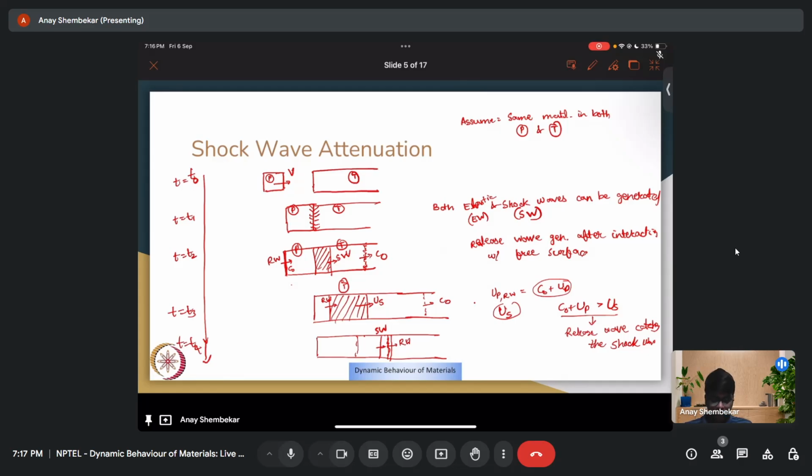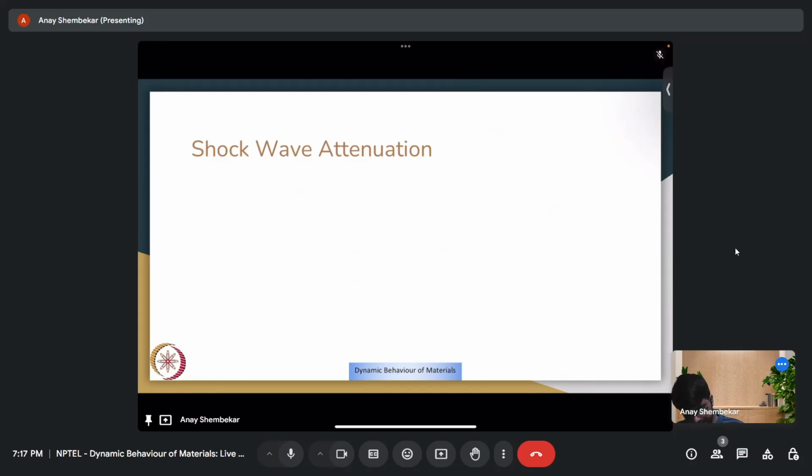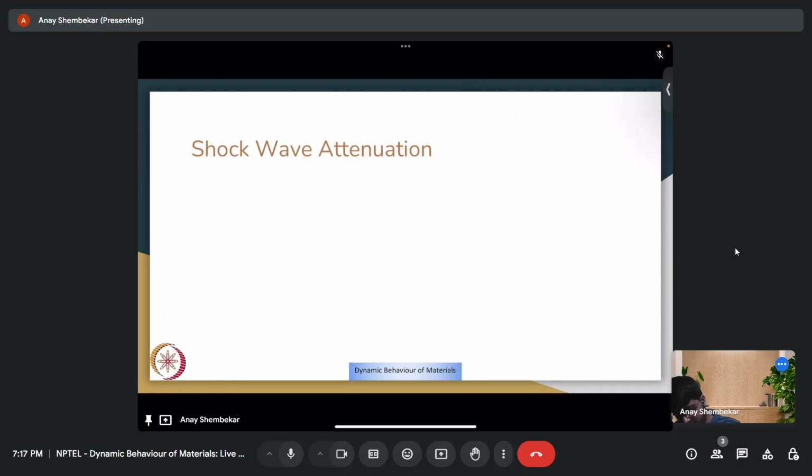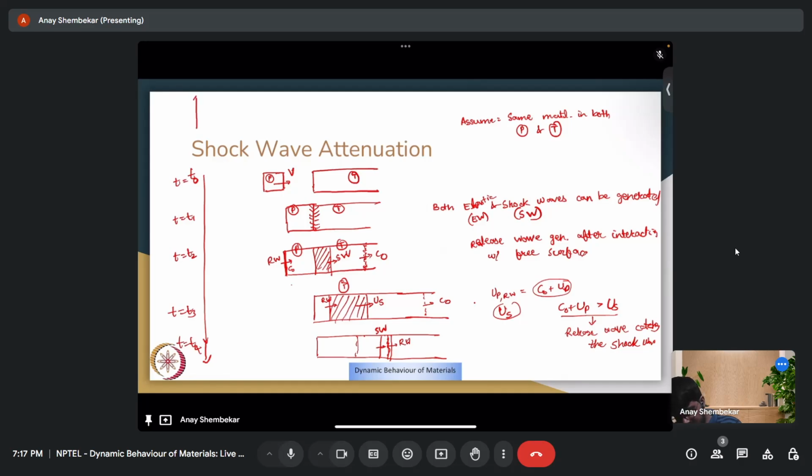Okay, so how does this look graphically? You can think of it as follows: at t equal to t1, you have this is x, c naught, Us.